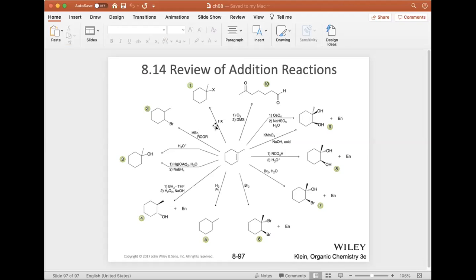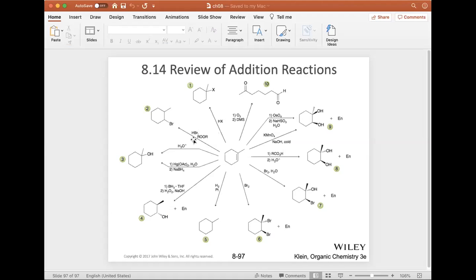Markovnikov. Carbocation rearrangement, yes or no? Yes. Syn or anti or both? Syn addition, anti addition, or both? When there's a carbocation, it's both.